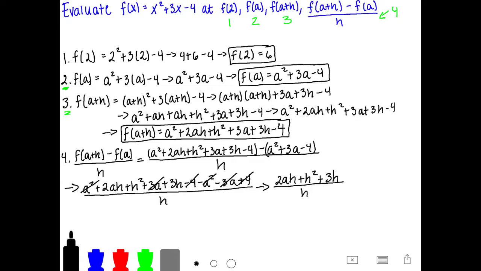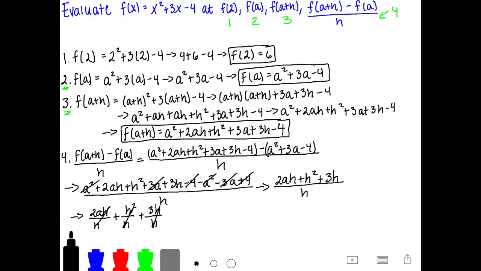And now what you can do is cancel out the h's in each of those terms. So to break that down, I split them. So now I have 2ah over h plus h squared over h plus 3h over h. So you can cancel out the h's for the first set and then cancel out the h for the second.